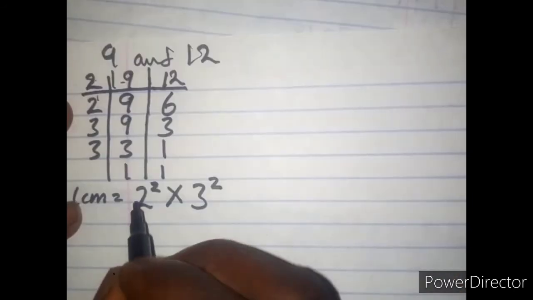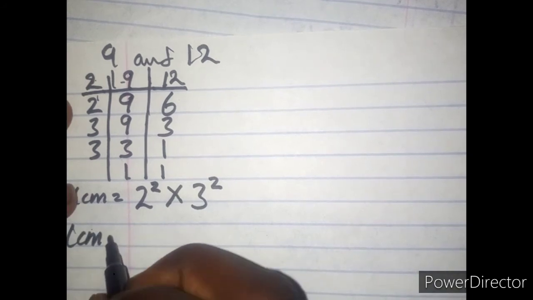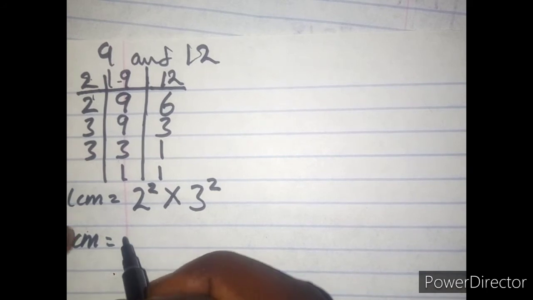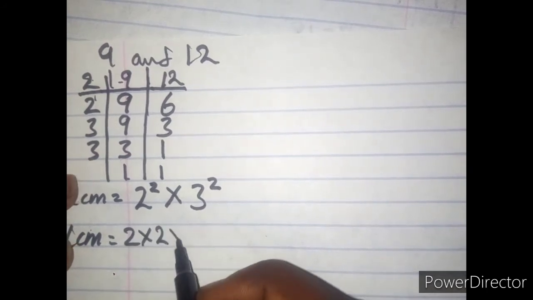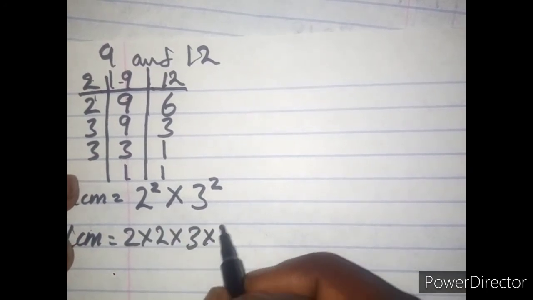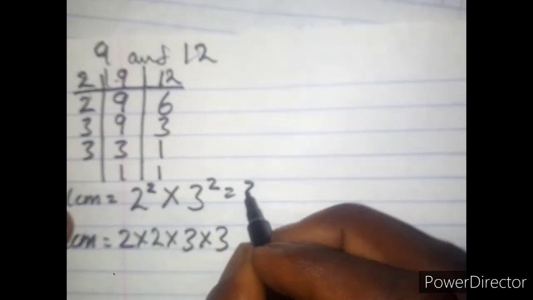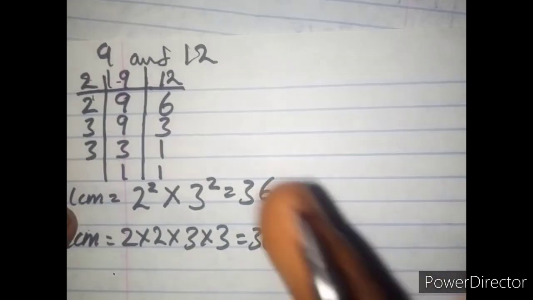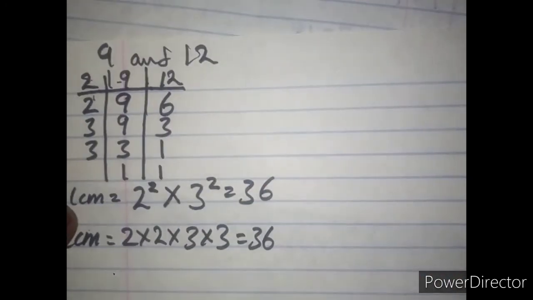Let me put it this way: LCM is equal to 2 times 2 times 3 times 3, which is equal to 36. So the LCM of 9 and 12 is 36.